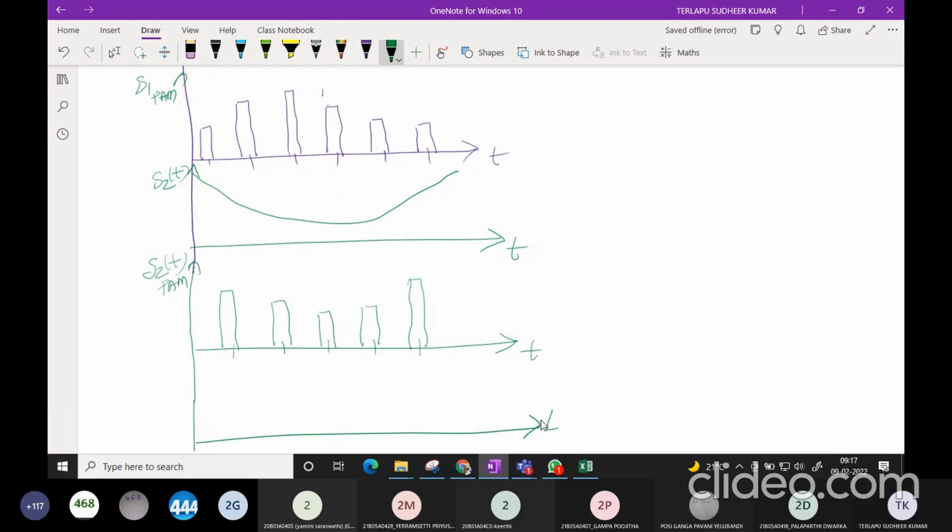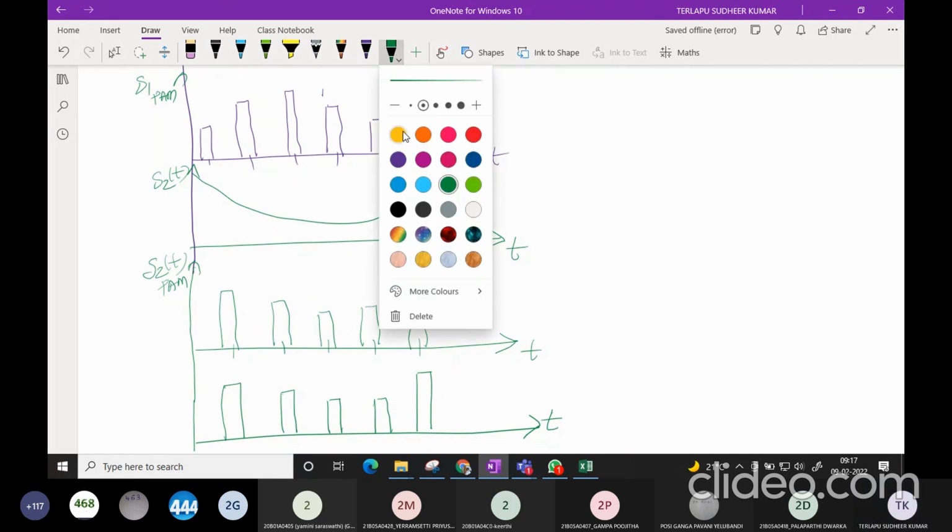if I draw, so here I got my S2 of t. This is your S2 of t. See this one.